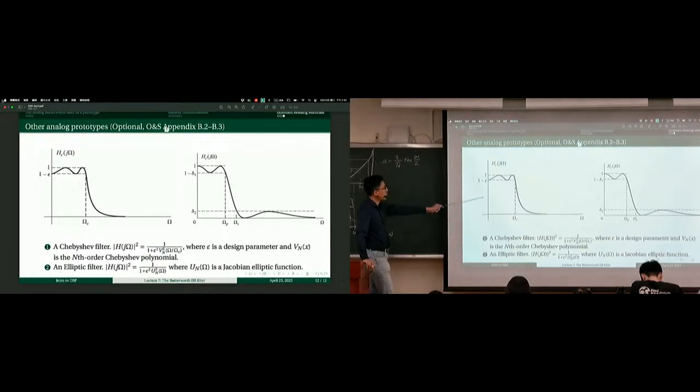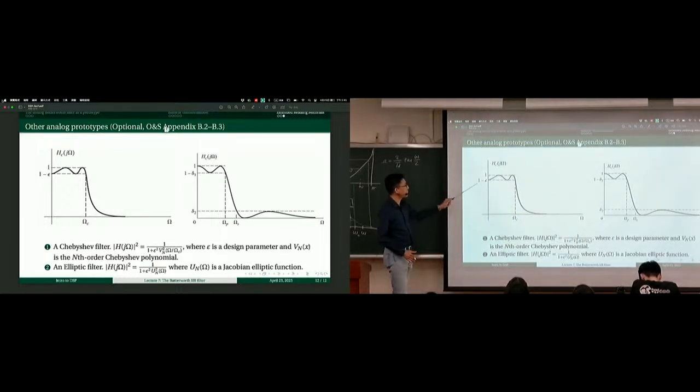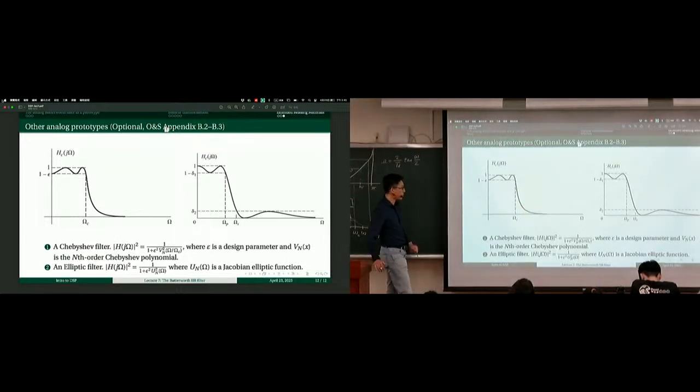So that's kind of a generalization from Butterworth. Only this term is more complicated. So as a matter of fact, now the passband can have ripples, whereas the stopband has a nice monotonically decreasing magnitude response. Chebyshev filter using Chebyshev polynomial.